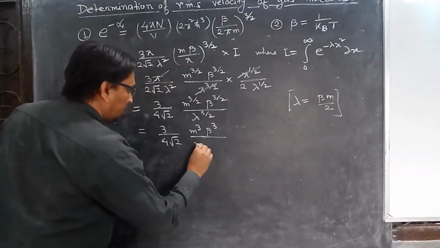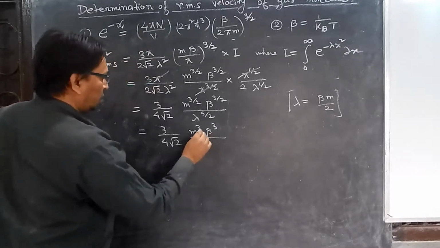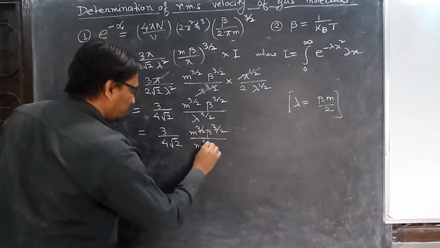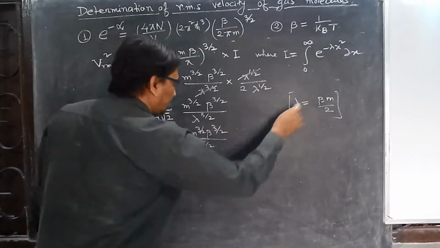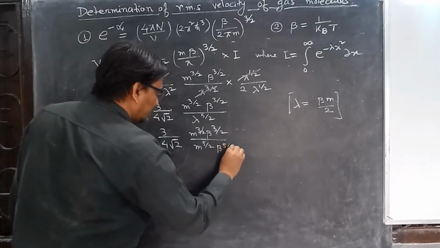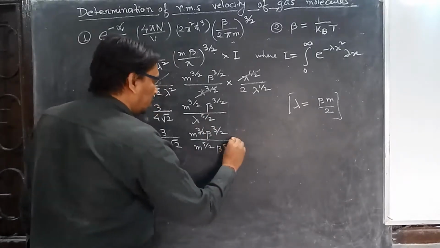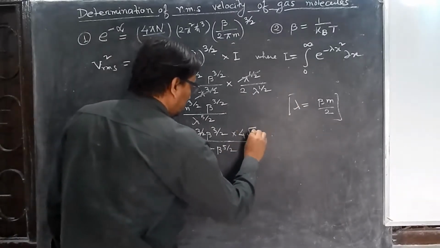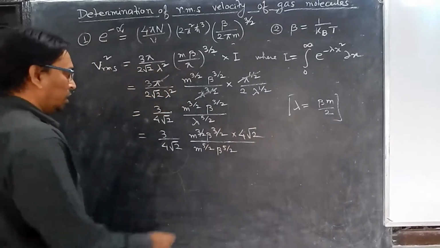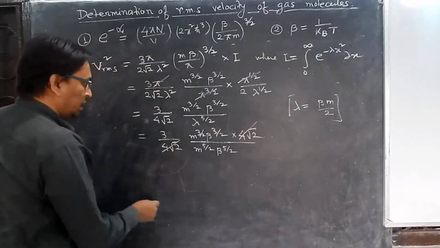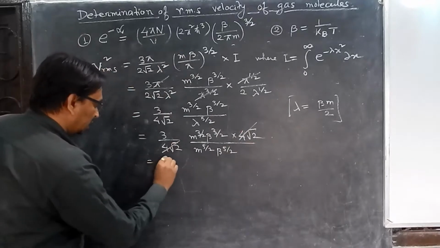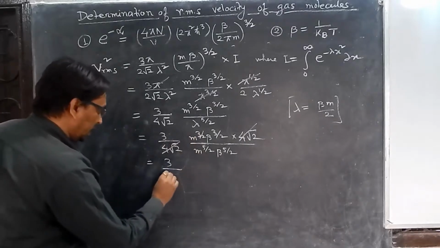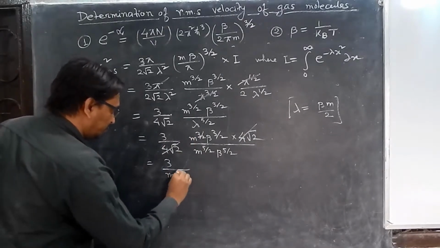So this will be m to the power 5 by 2, beta to the power 5 by 2, and divided by 2 to the power 5 by 2. So 2 to the power 5 by 2 is actually 4 root 2. Okay, so this 4 root 2 and this 4 root 2 cancel. So here you are getting 3. So m to the power 5 by 2 and m to the power 3 by 2, so this will be only m and this will be only beta.